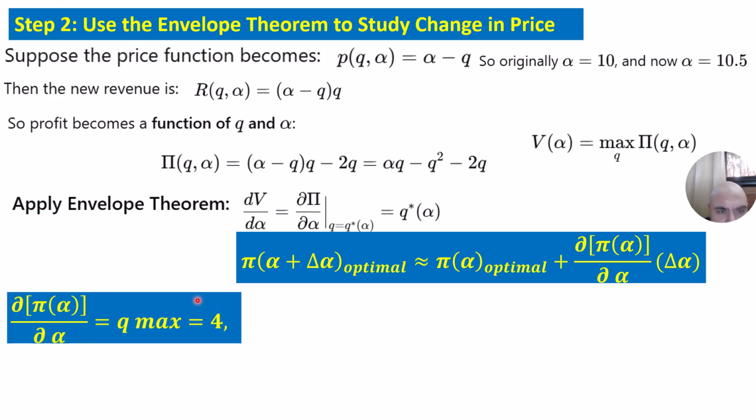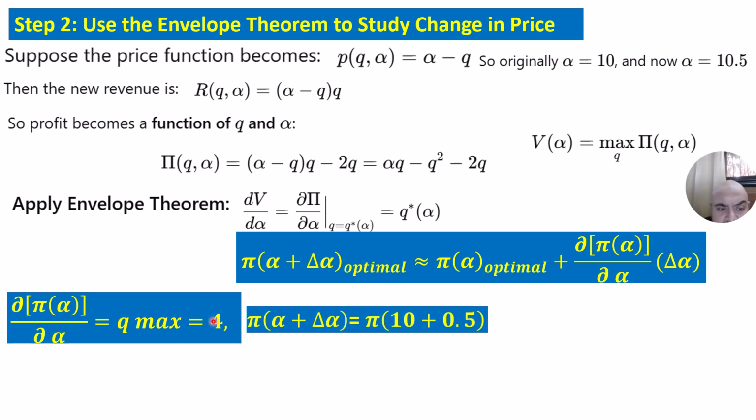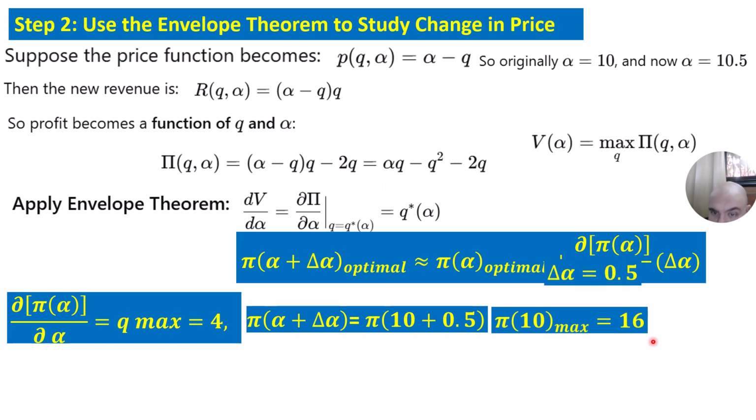Remark that the partial derivative of pi with respect to alpha is simply Q, and at the maximality point Q is equal to 4. Now the delta alpha, which will change, is 10 plus 0.5, which is going to be 10.5. The value of V at 10 is 16. The value of delta alpha is equal to 0.5.